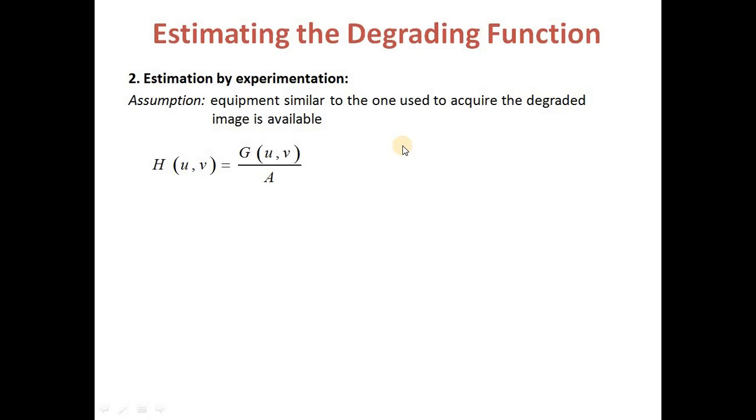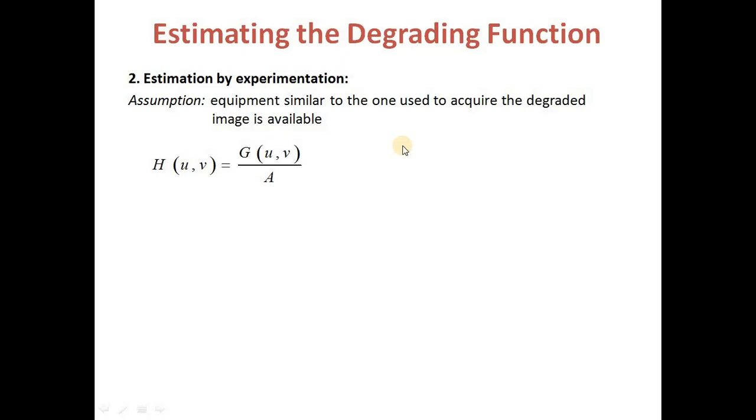So what we'll do is take the original image and let it be at the input of that particular equipment, and then we will adjust the system settings of the equipment such that for the original image input, the equipment will produce a degraded image which is quite similar to the degraded image given to us for restoration.